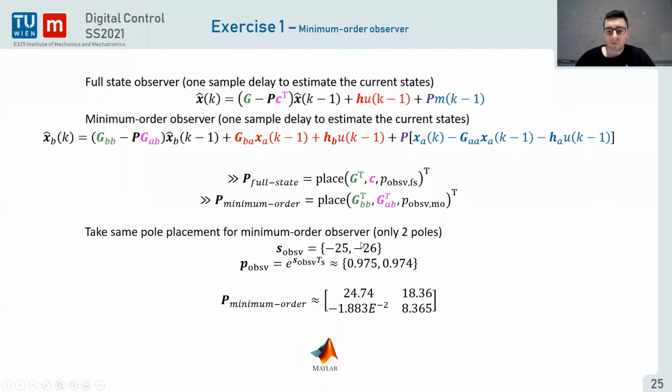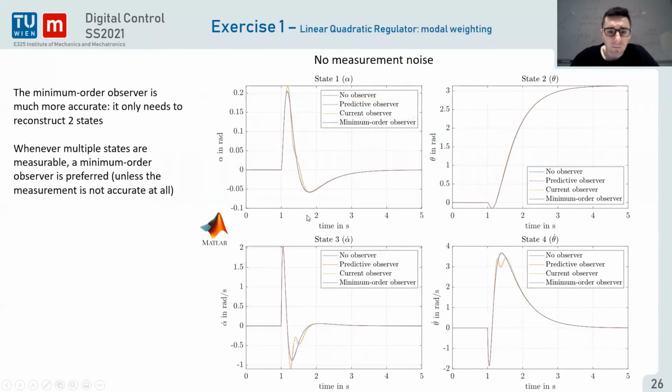If we have a look at the results, there's just a quick problem because some matrices are transposed or not depending on the MATLAB version. It's quite annoying, but it's just a transpose, so I will fix it before sharing it online. Using the minimum order observer, I'm comparing against no observer, so my states alpha, theta, alpha dot, and theta dot without observer are the blue line, which is what I want basically.